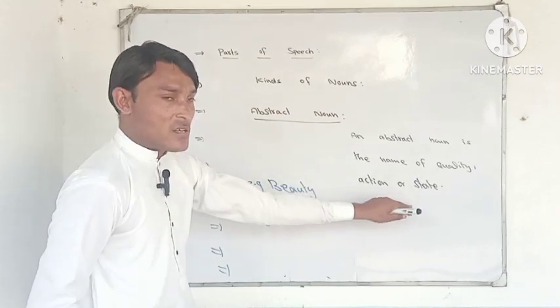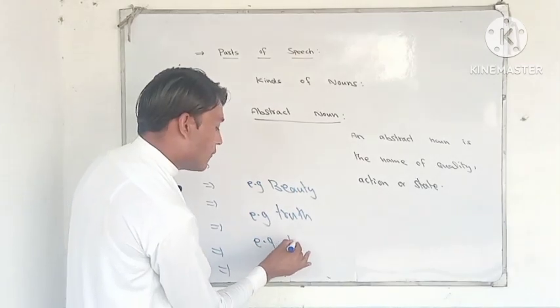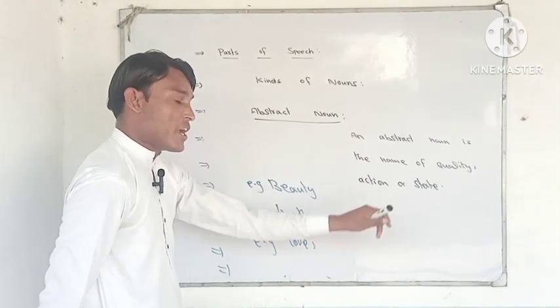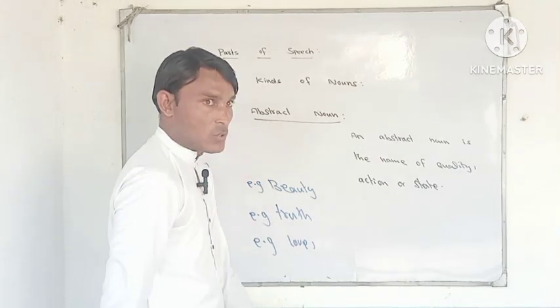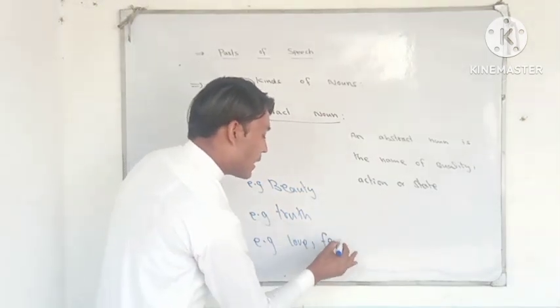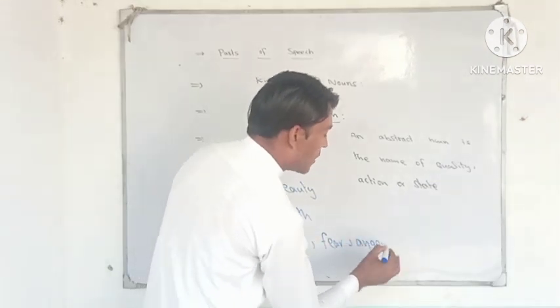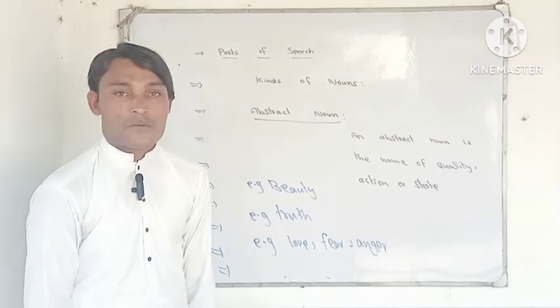And if we talk about action or state, for example, love. Love is an action, we can call it a state also. Besides this, fear and anger. So these are all called abstract nouns.